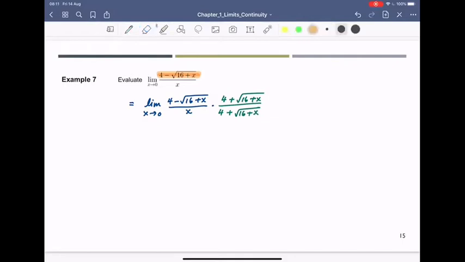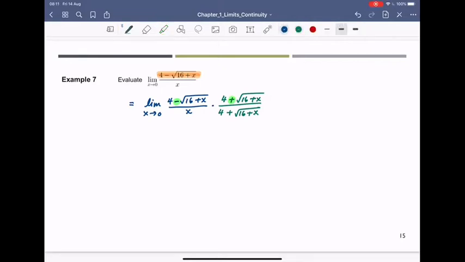Again, for the conjugate, you just change the sign. The reason is that when we multiply them together, we hope to see something nicer that you can cancel.